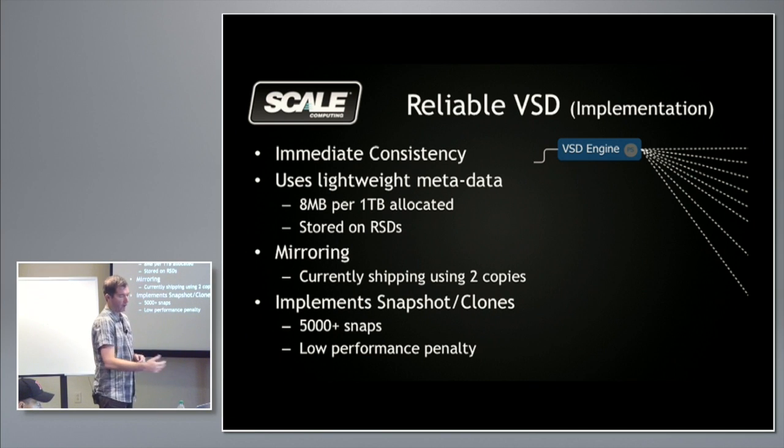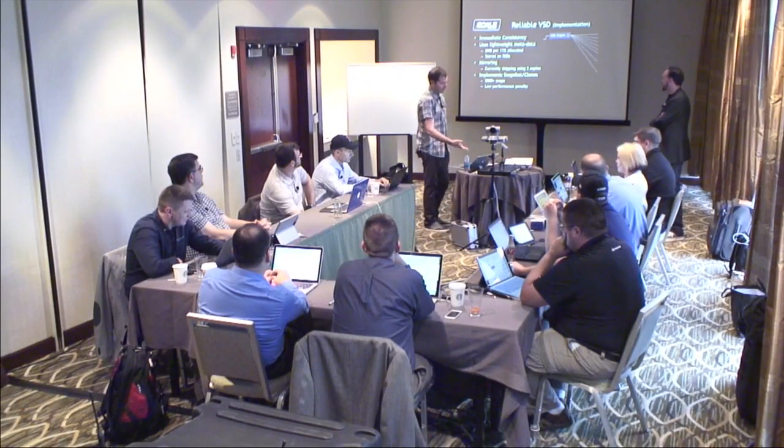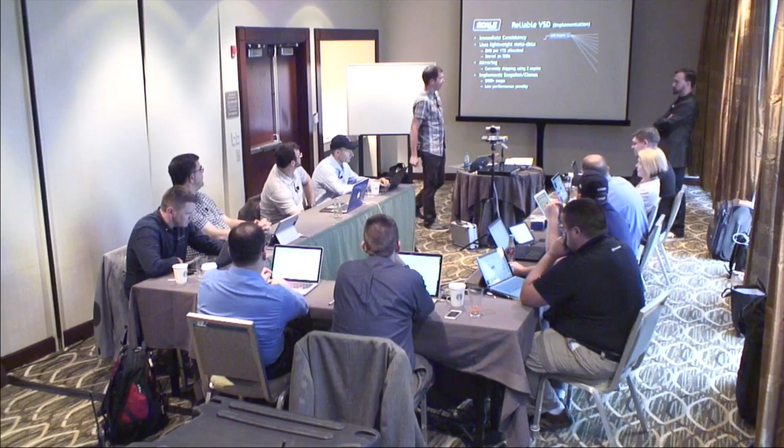Metadata is also stored on the RSDs right next to the data. So, by default, using 2 copies of the data and metadata. It does support up to 16. We just haven't shipped that yet. And obviously 16 is insane. Yeah, totally extreme. And then snapshot and cloning is implemented in the VSD engine as well.